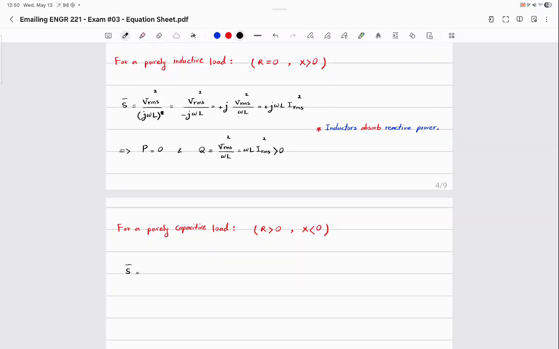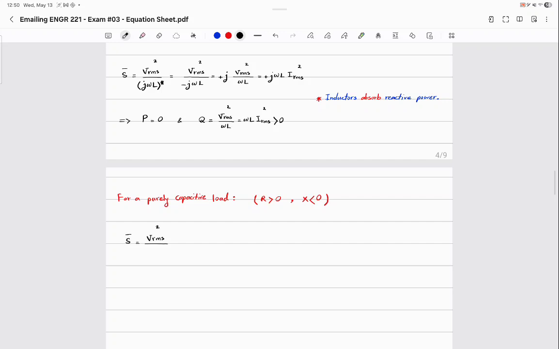S bar is equal to VRMS squared divided by, what's the impedance of a capacitor? Negative J over omega C. It should be conjugated, right?